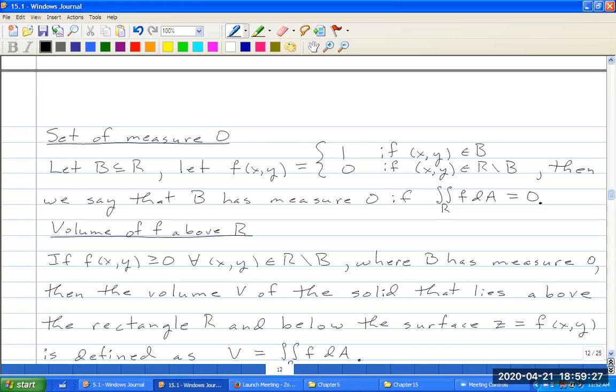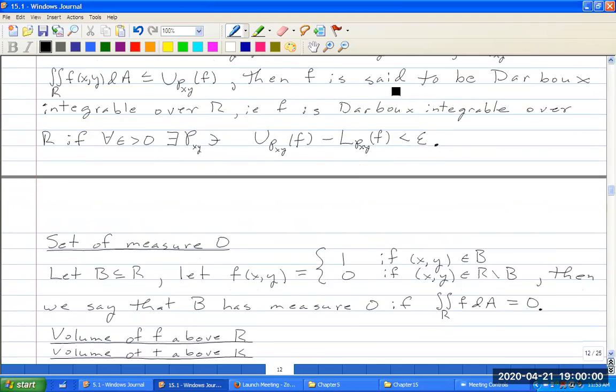So if we happen to have some set and we look at the integral above it, where it just has value 1 if it's in the set and 0 outside, meaning I'm just looking at the area of this region, if the area of this region is 0, then we say that it has measure 0. So that's the concept of measure 0.